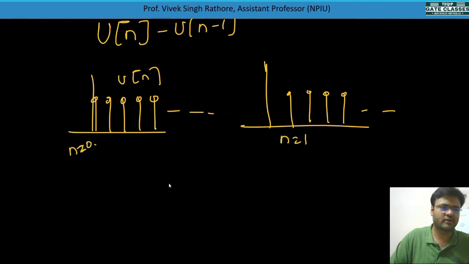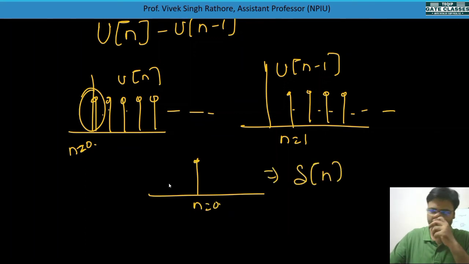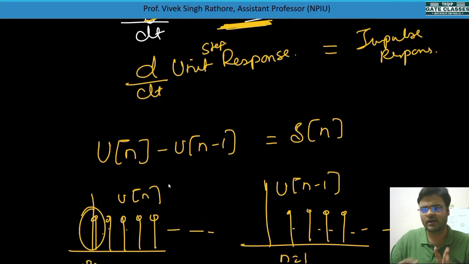If we do the subtraction, all the 1 values cancel, and only the value at n is equal to 0 stays, which is equal to delta of n. So u of n minus u of n minus 1 is delta n. This we have seen earlier also.